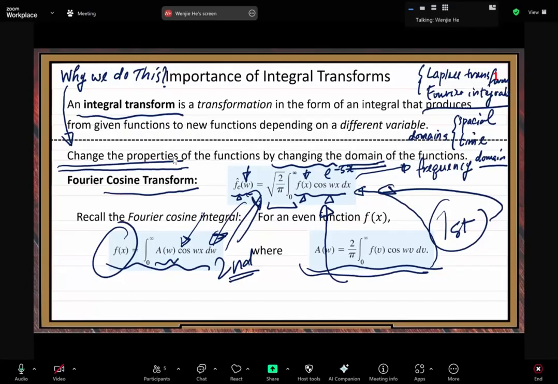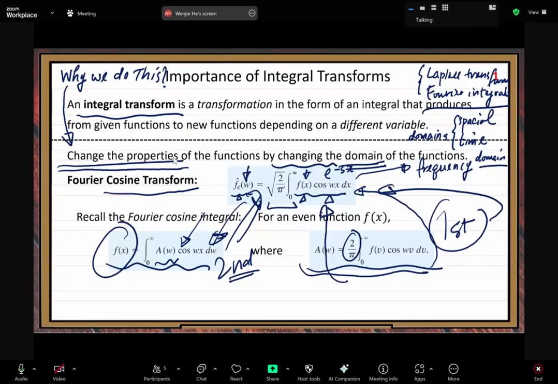The only small difference is the coefficient. For this capital A function, you use pi over 2, but for the Fourier cosine transform, you use square root of pi over 2. But that difference is not significant.